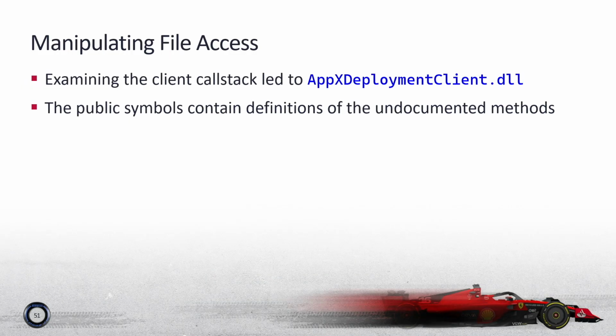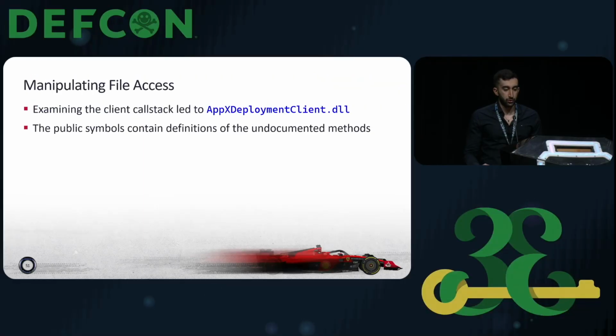We want to understand what is the definition of the structure returned by the method getStorageDeviceInfo. One way to do that is to look at functions on the client side that receive this structure. The call stack that led to the RPC call went through a DLL called appxDeploymentClient. When I disassembled it, I was surprised to see its public symbols contain a lot of information about the interface of storage service.